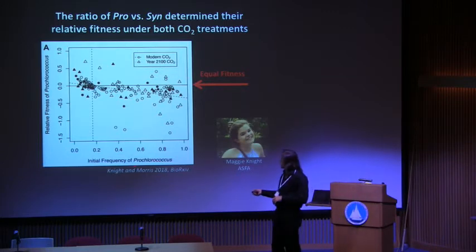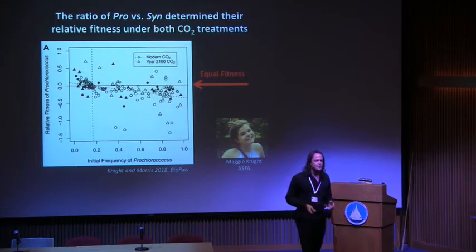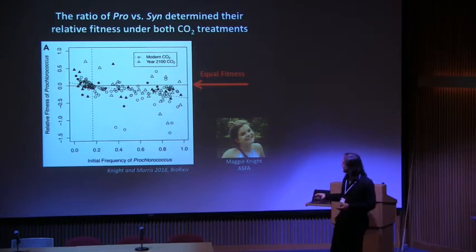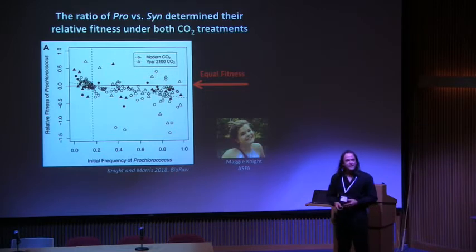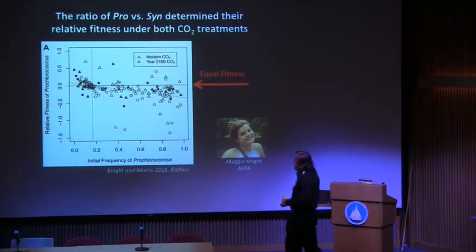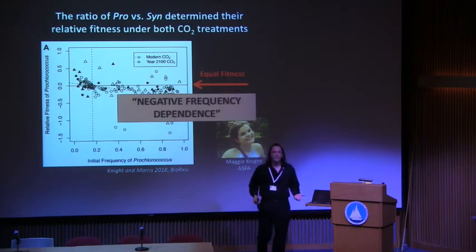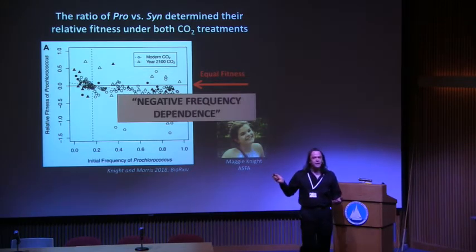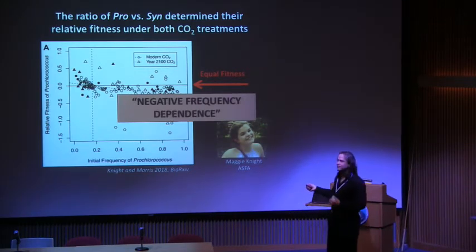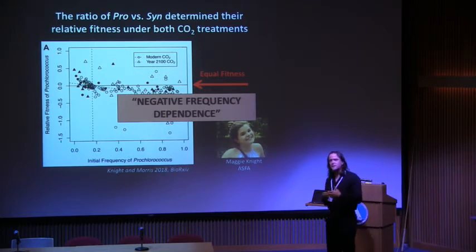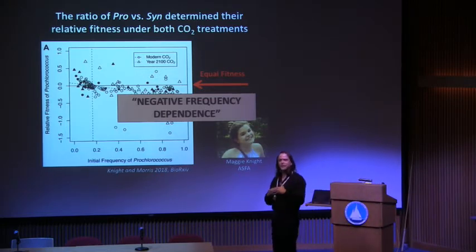So when Prochlorococcus was initially rare, it actually had a fitness advantage relative to Synechococcus. But when Pro was initially common, it had a lower fitness. And this is a pattern that we call negative frequency dependence of fitness, right? In evolutionary biology, this is very important because this is one of very few ways that organisms sharing a niche can coexist with each other.